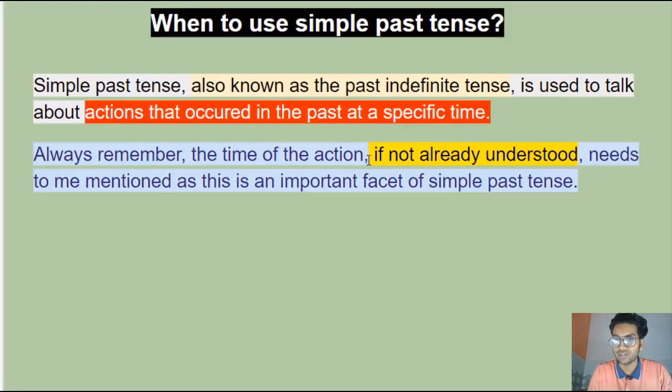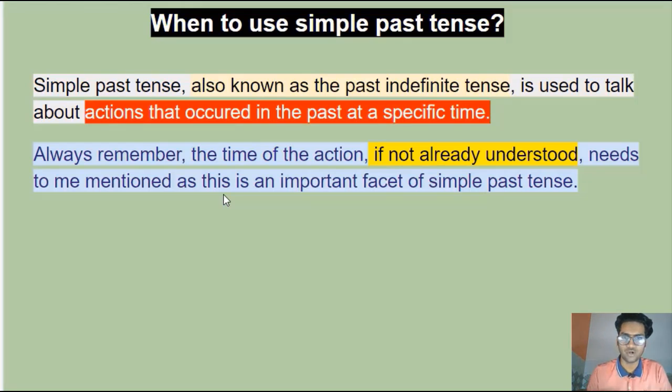Now, always remember this. The time of the action, if not already understood, needs to be mentioned, as this is an important facet of simple past tense. Let me make it very simple for you to understand this. If the person you're communicating with already knows the time of the action, the person is just interested in what happened there, right?